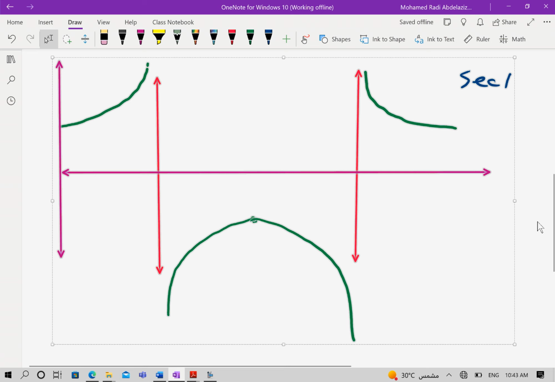This is the graph of sec only, without drawing cosine. Clear?